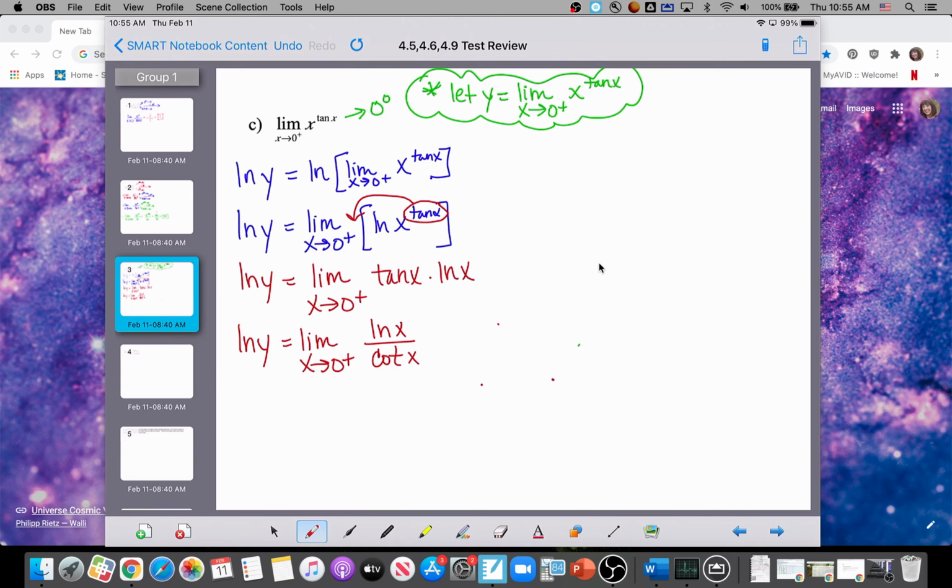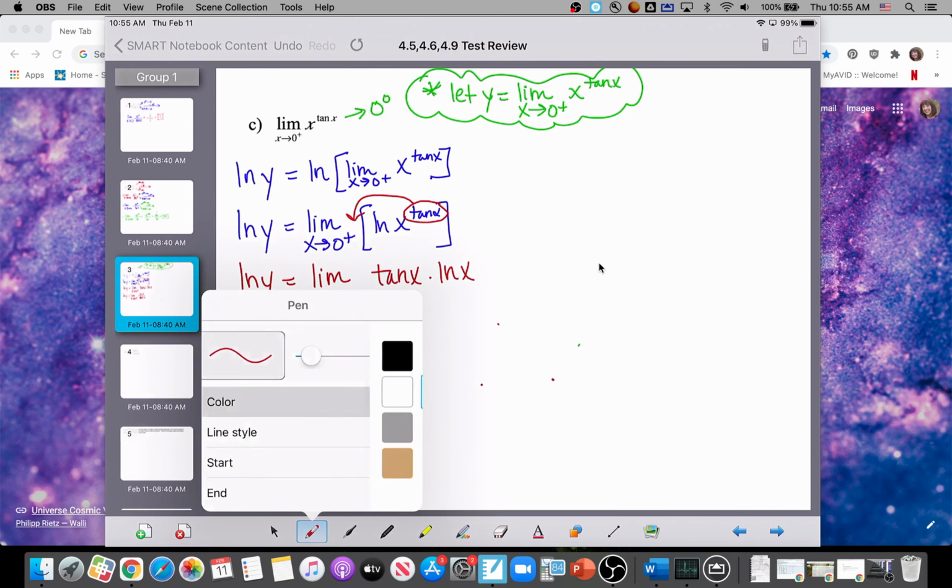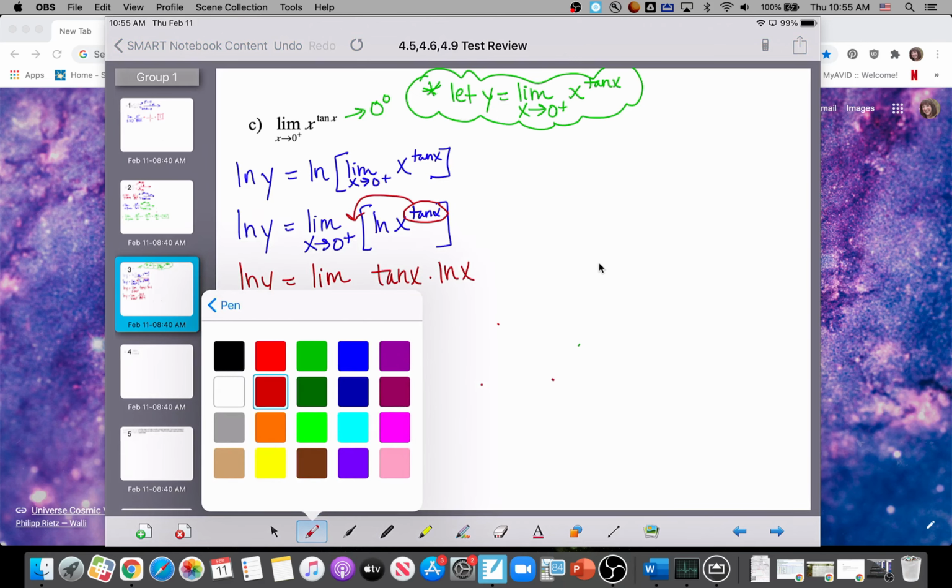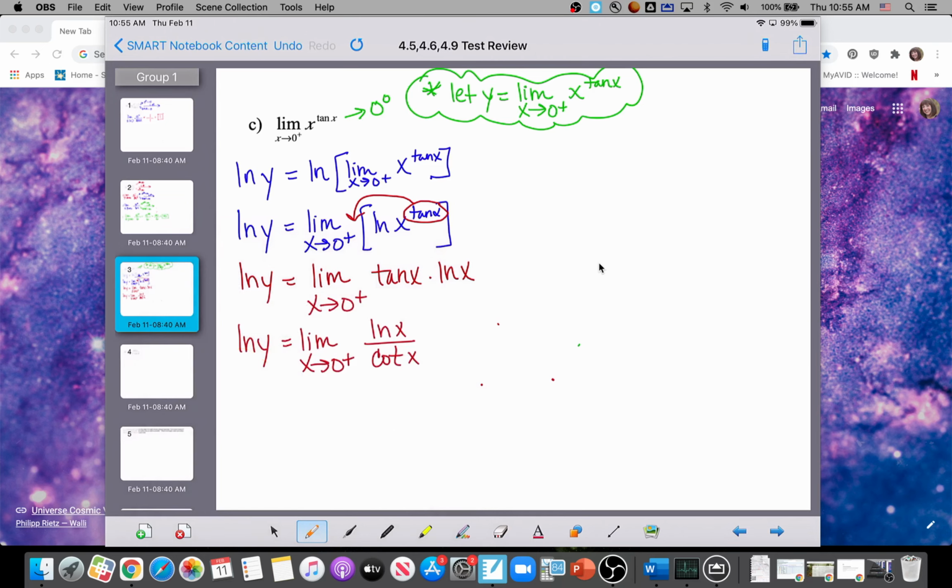And now, if I check what this limit would be equal to currently, if I plug 0 in from the right, ln of 0 from the right goes to negative infinity, and the cotangent of 0 from the right goes to positive infinity.